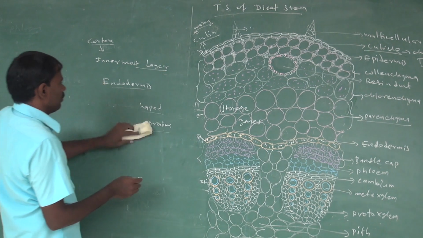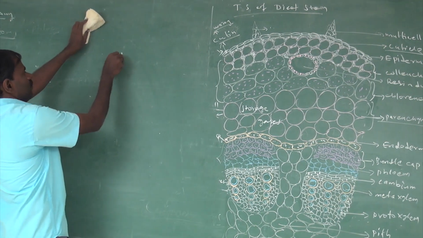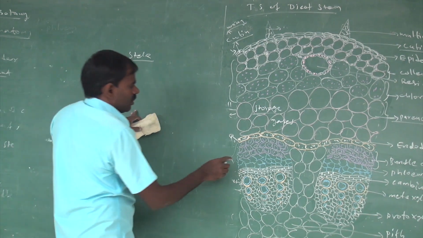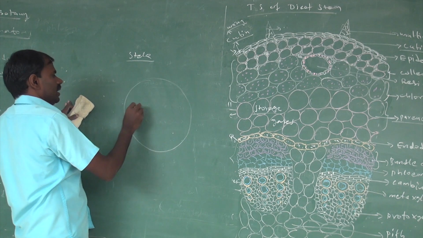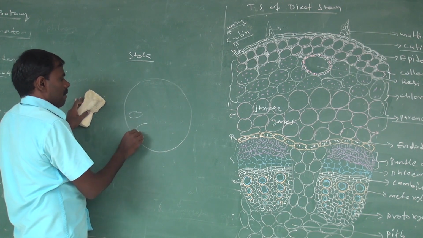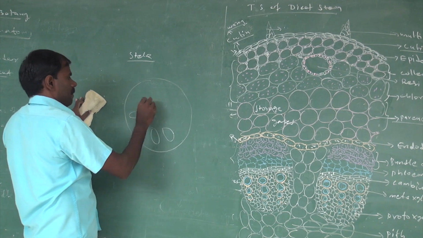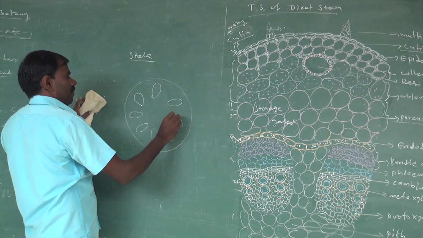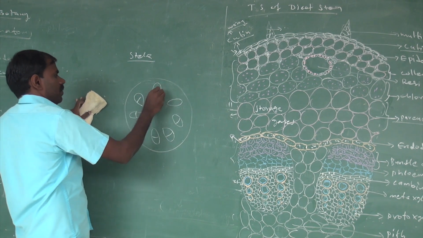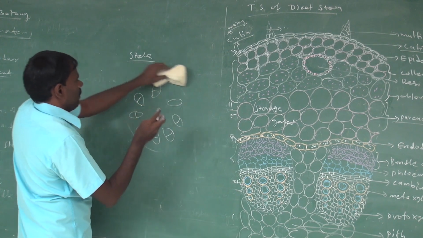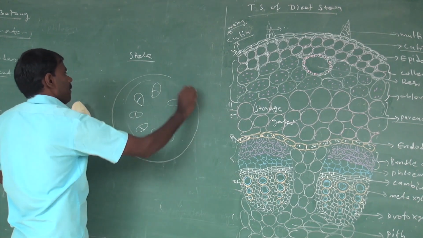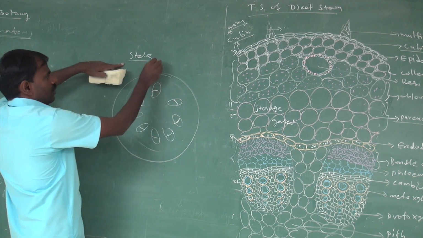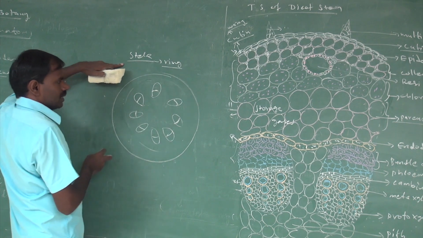The next one is the stele. What is the stele? The stele is the arrangement of vascular bundles in a ring-like structure.